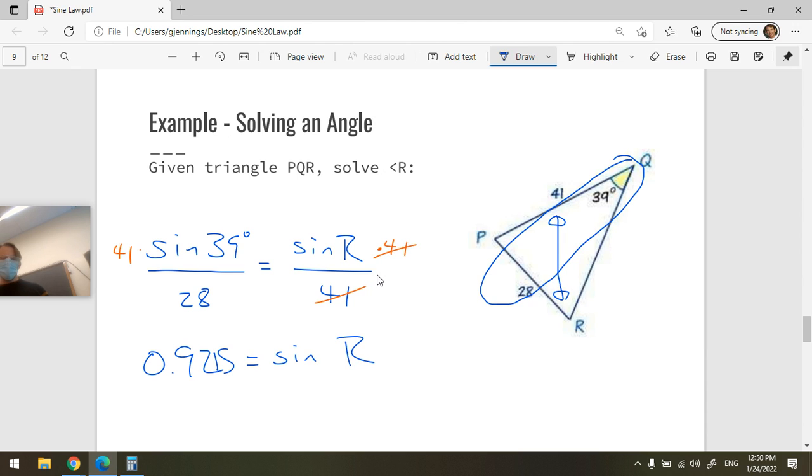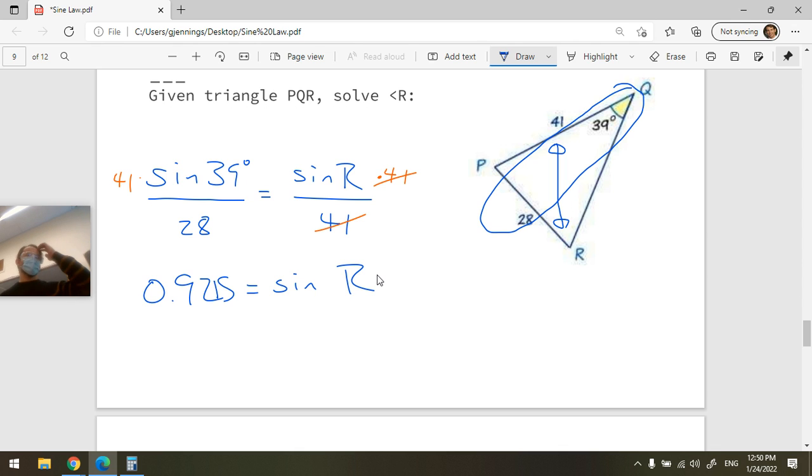So now, what inverse operation allows me to solve for this angle? I use the inverse sine here. Taking the inverse sine of both sides, what I would write is sine inverse of 0.9215 is equal to r.